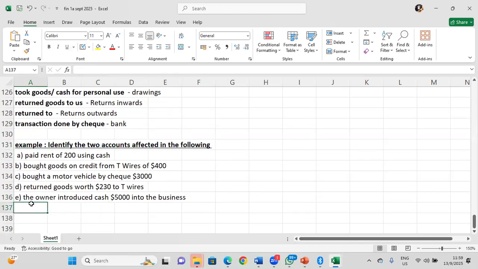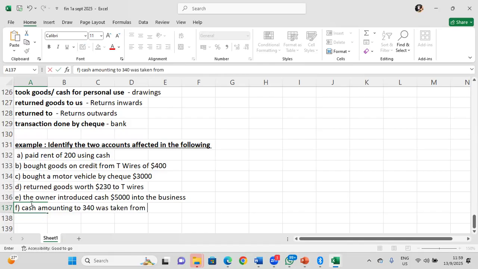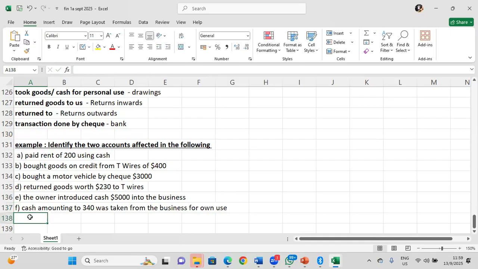And lastly, F, cash amounting to 340 was taken from the business for own use.